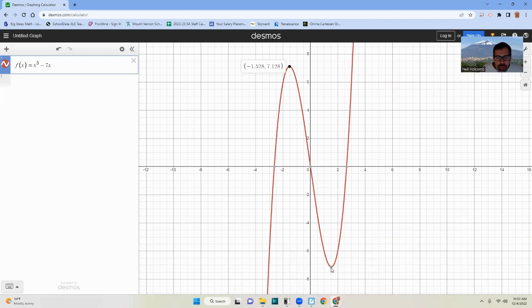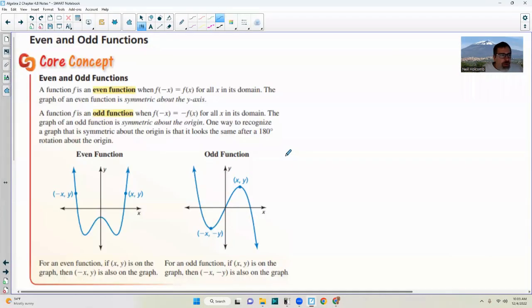And then if I come down here, the 180-degree rotation, sure enough, the negative 1.5 became positive, and the positive 7 became negative. So a 180-degree rotation would land this point on top of here. So the function is going to land right on top of itself at a 180-degree rotation. So it is odd. Okay, so that's that one.